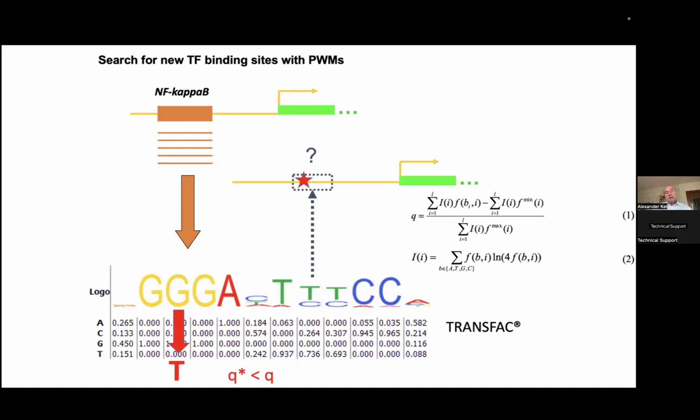In these cases, we are talking about a site loss. But pretty often, we can observe a site gain.